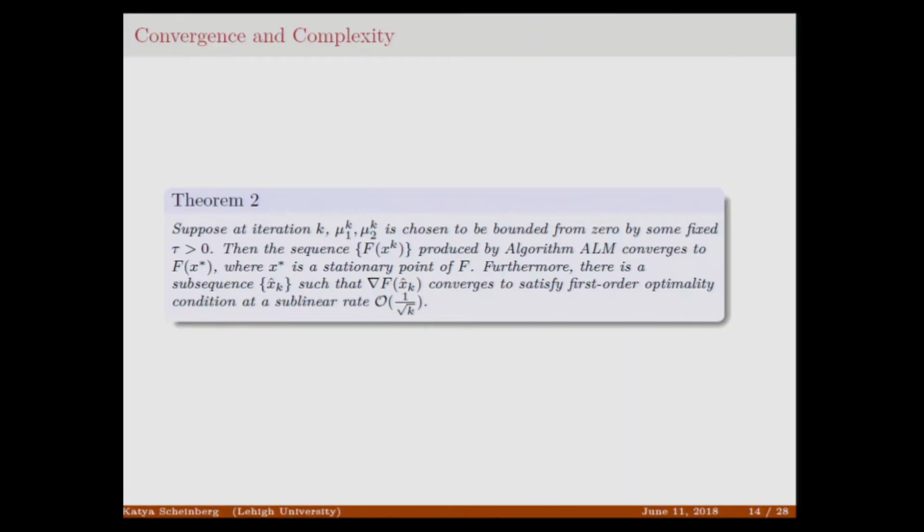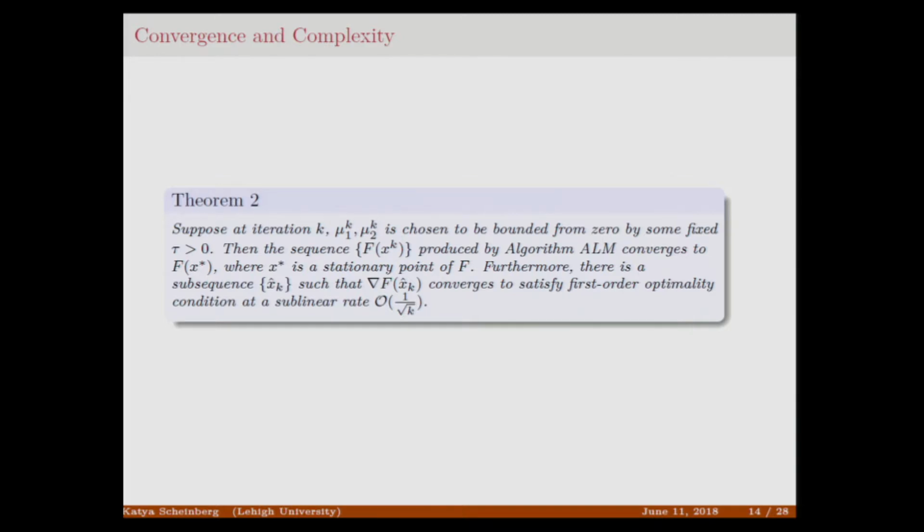So now we have a convergence result for this, which is similar. It basically says that the sequence converges to a stationary point of f. So it's better because now we're converging to a stationary point in a very specific sense, not to these KKT conditions. Well, the ones that were written, but basically it's the same thing.